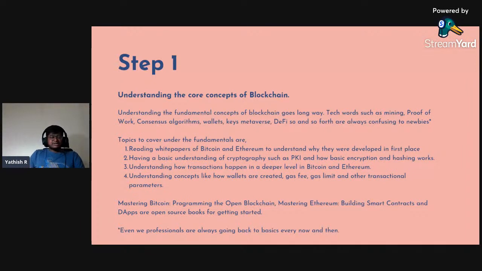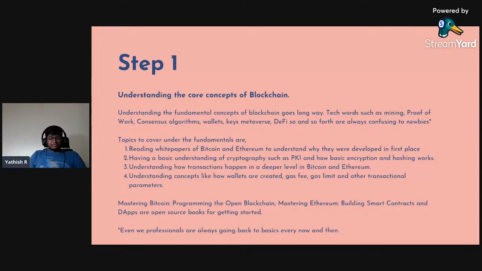I ask you to start by reading the white paper. Trust me, the white paper might be difficult on the first go, second go, but once you start really understanding the concepts and jargon, it is more than enough to get yourself started on understanding the entire paper. The second thing is having a basic understanding of cryptography such as PKA and how encryption and hashing work.